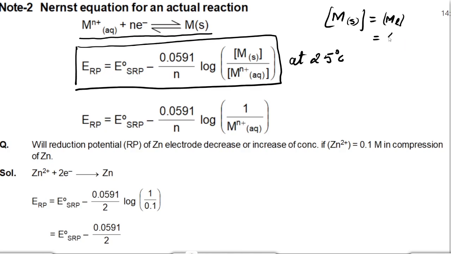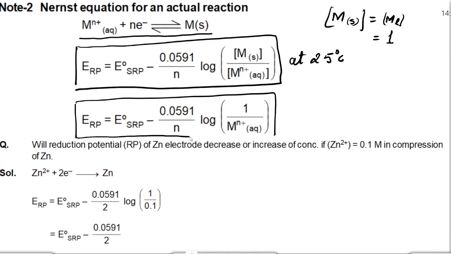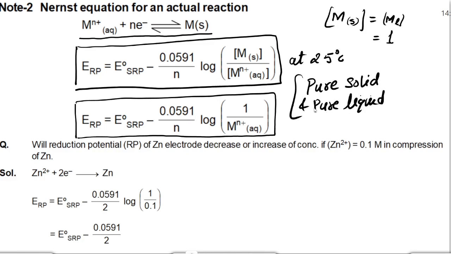Why do we take this 1 for pure solid and pure liquid? Tell me. Sir, because when we are dealing with chemical reactions, we want something to be constant here. So concentration does not change with time, so we take it as 1. Yes, because for pure solid or pure liquid, density is the same at constant temperature.